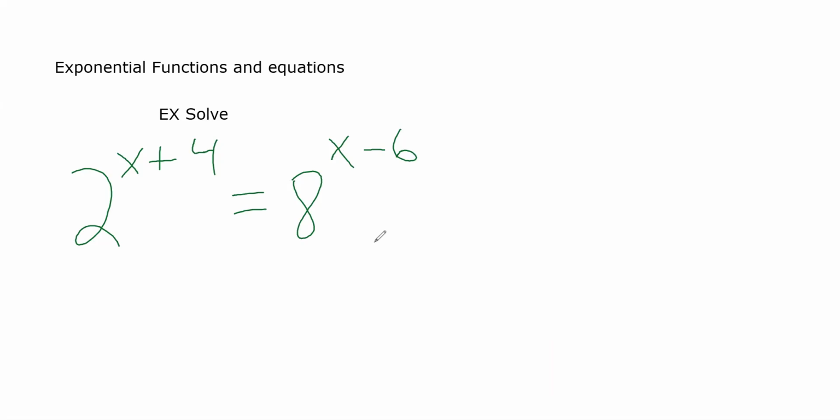Because once we get that, then we can equate their exponents. Well, we already have a base of 2 here, and here we have a base of 8. It looks like there's going to be a nice connection here because 2 to the 3rd power equals 8. So you kind of have to make those connections.